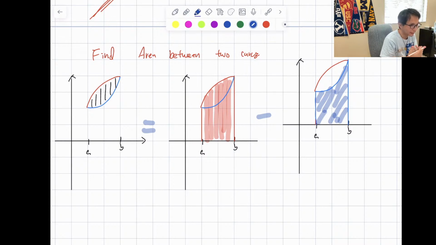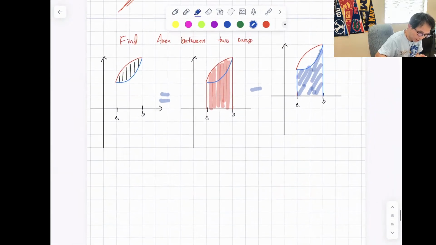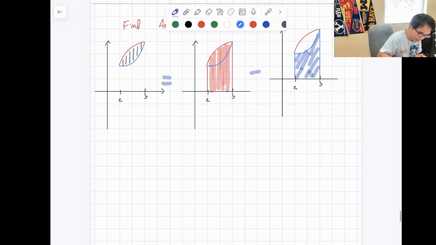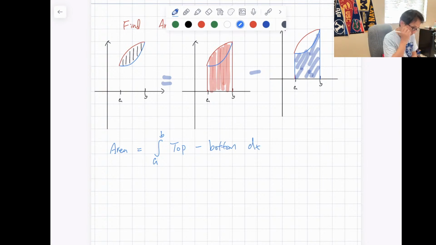So the idea is this, and so you understand the idea. It's very, very important. So you say, okay, that's fine. Area is equal to the integral from A to B, which is the starting x value and an ending x value, of top minus bottom dx.